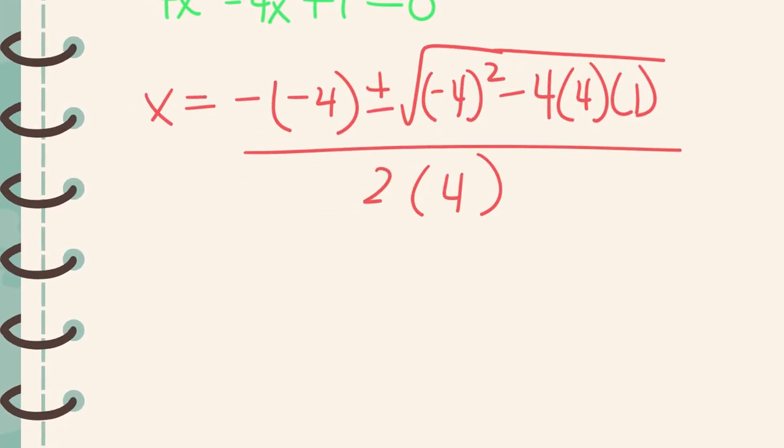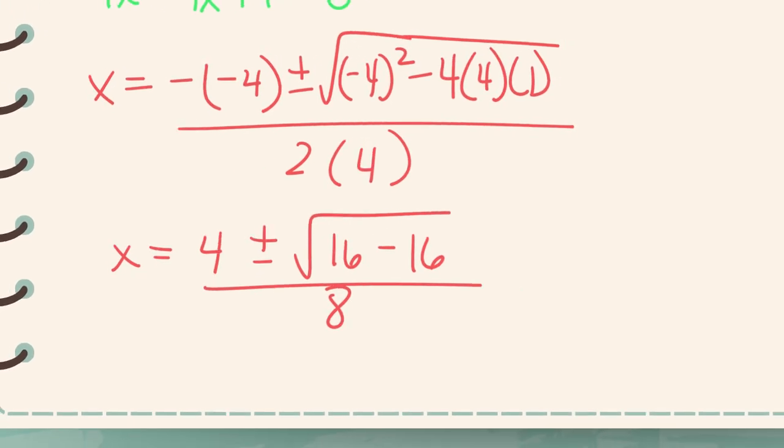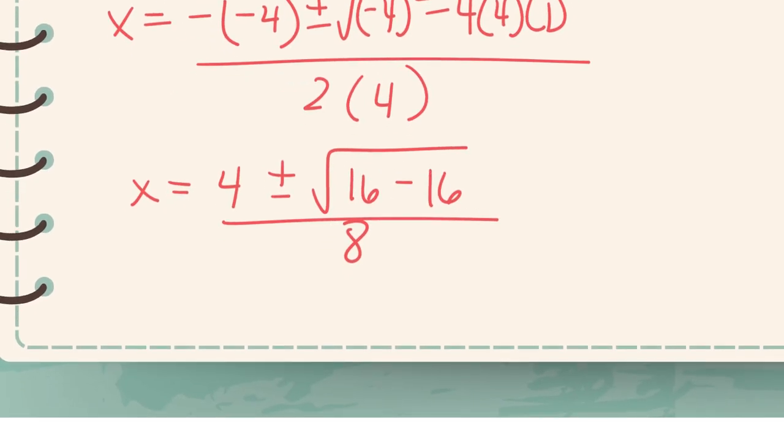Start simplifying this. We have x equals positive 4 plus or minus the square root of negative 4 squared, which is 16, minus 4 times 4 times 1, which is 16. I already put the 0. 2 times 4 is 8. And we know that this becomes x equals 4 plus or minus the square root of 0 over 8.